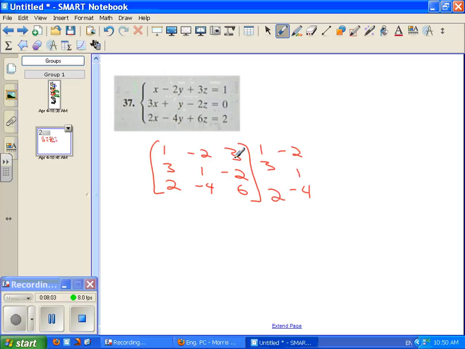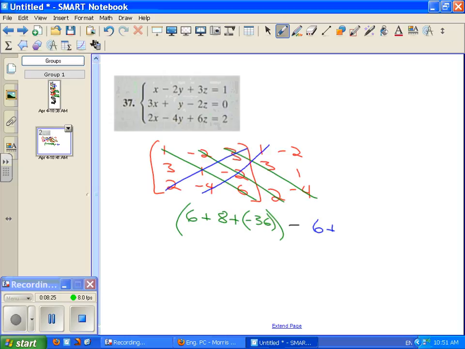All right, down diagonal, 6 plus 8 plus, so that's going to be 9 times a 4, that's a negative 36, minus my up diagonals, which are going to be 6 plus, bend that one, so that's going to be a plus an 8 plus a negative, let's see, that's going to be 36.